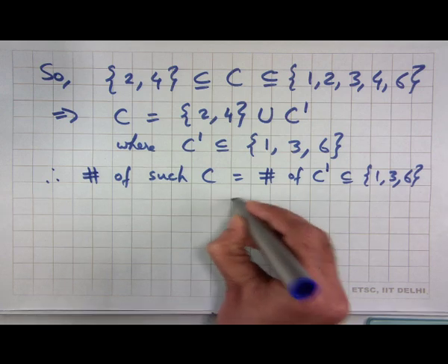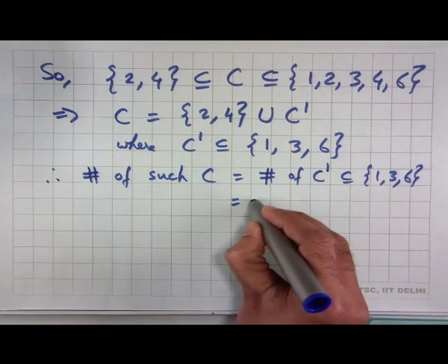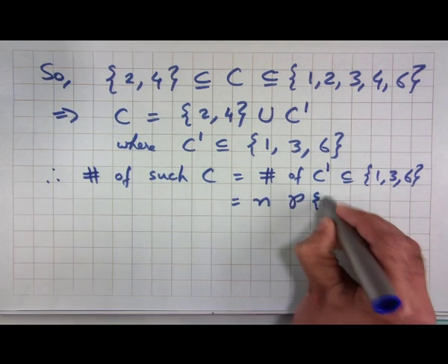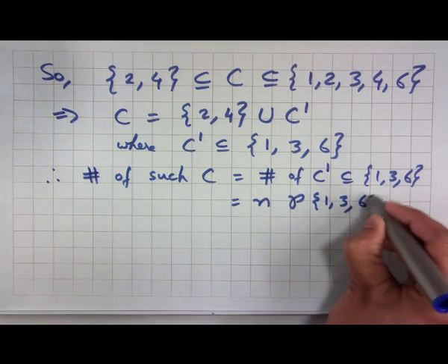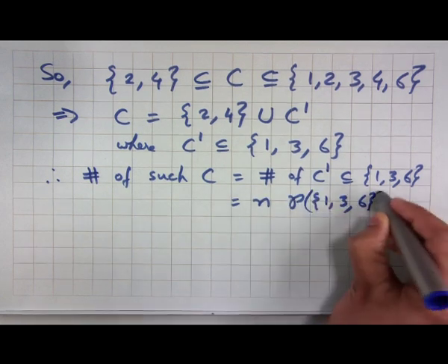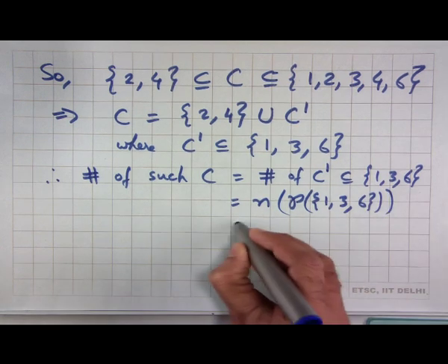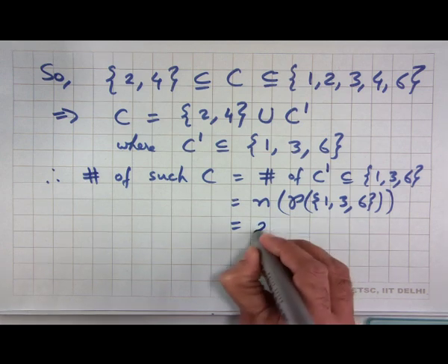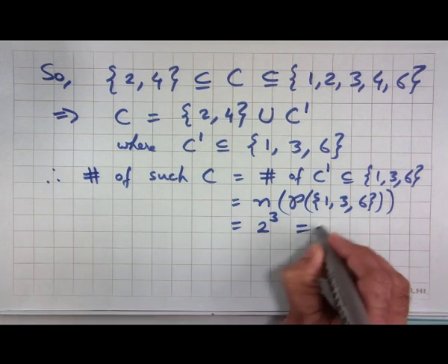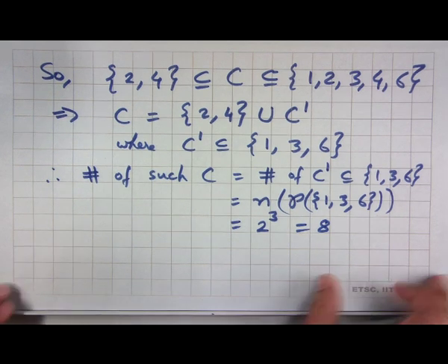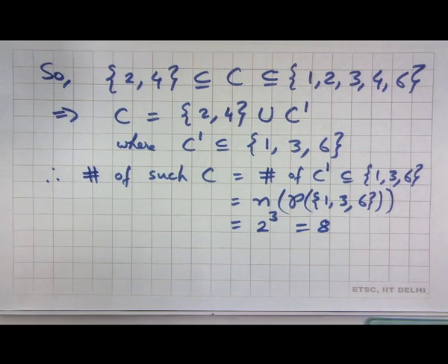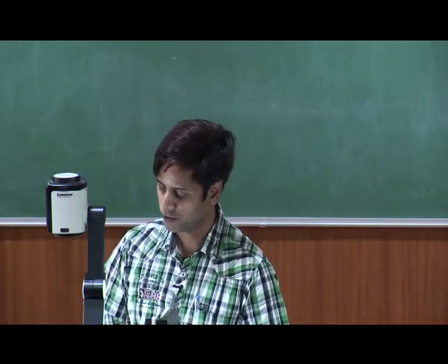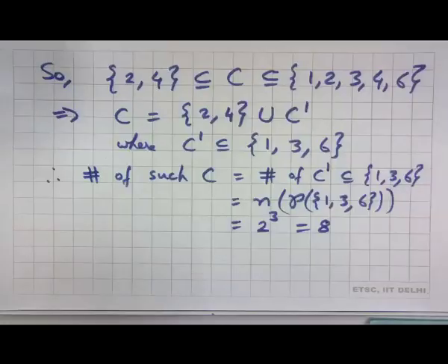And this is nothing but the number of elements in the power set of {1, 3, 6}. So, {1, 3, 6} has 3 elements. So, the power set will contain 2 to the power 3, which is 8 elements. So, even if the sets had like 10 or 20 elements, you can do it like this and calculate the number of sets C.